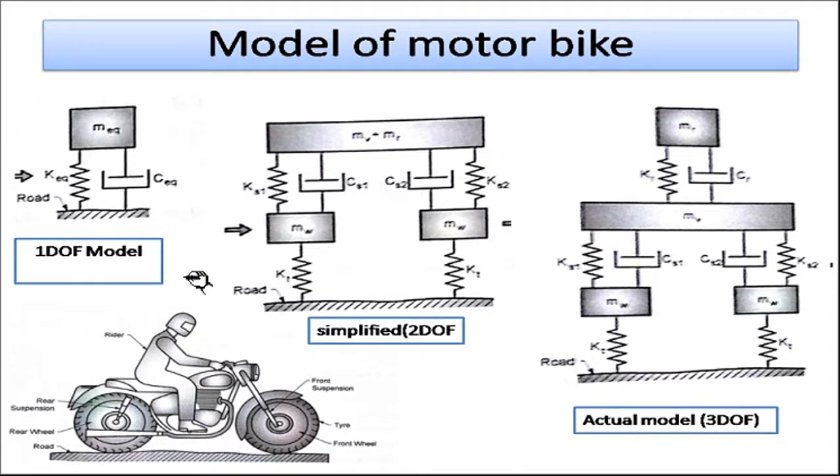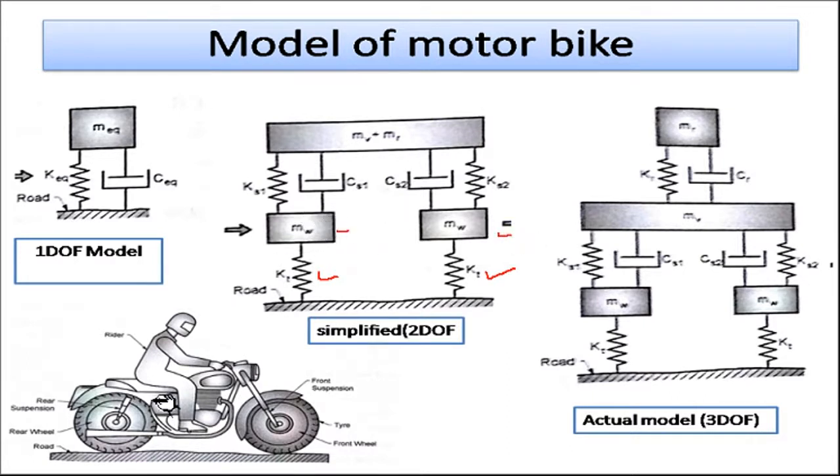Now if I consider the suspension system and the tire separately, on the road there is the contact of the tire. So the tire stiffness is represented here for the front and rear tire, and over this there is the mass of the rear wheel and the mass of the front wheel.